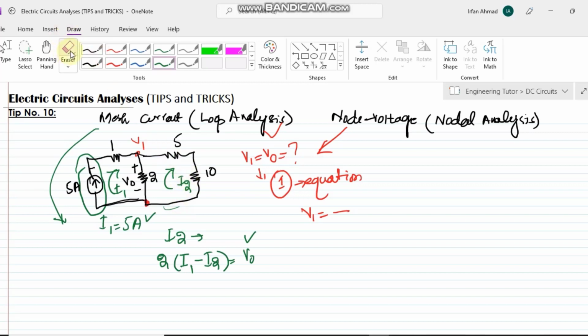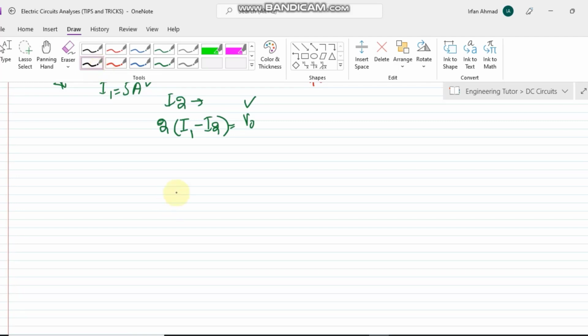So suppose we have another type of circuit here, like this one. Again, a branch current has been given.